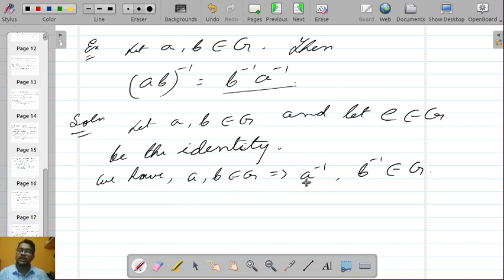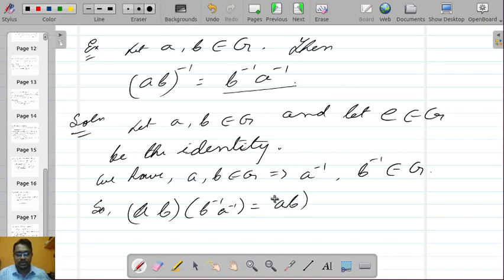Every element in a group will have its inverse. Okay, and also, so let us take ab multiplied with b inverse a inverse. Okay, so what is that? So it will be something like ab multiplied with b inverse, the whole thing multiplied with a inverse.